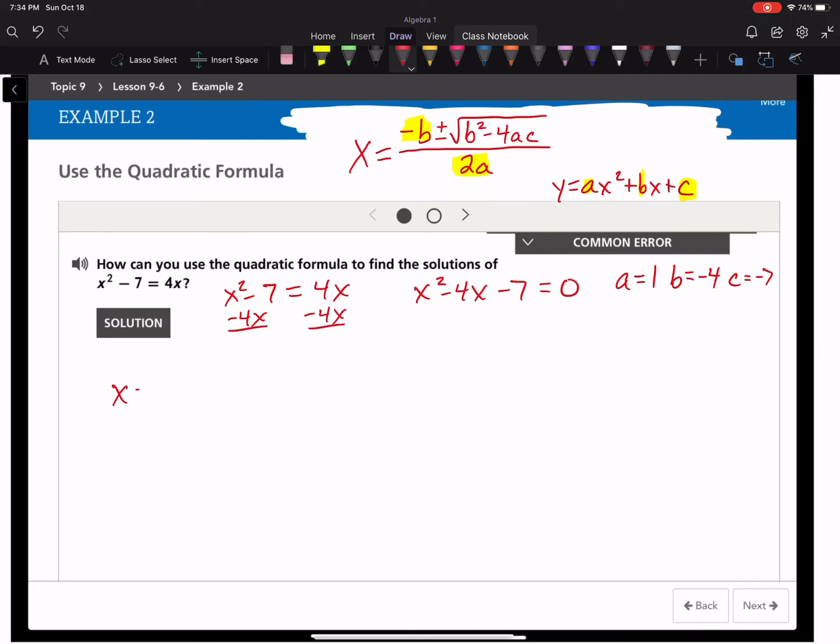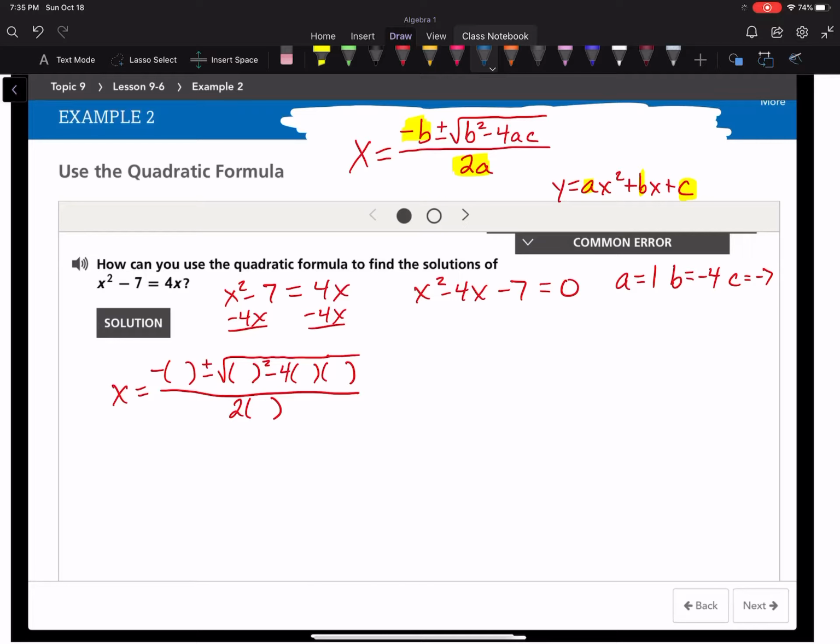So x will equal negative, and I'm going to put parentheses everywhere I see a letter: negative parentheses plus or minus the square root of parentheses squared minus 4 times parentheses times parentheses, all over 2 times parentheses.